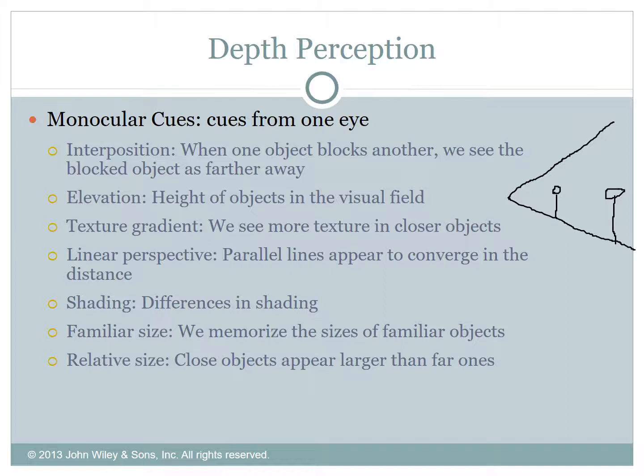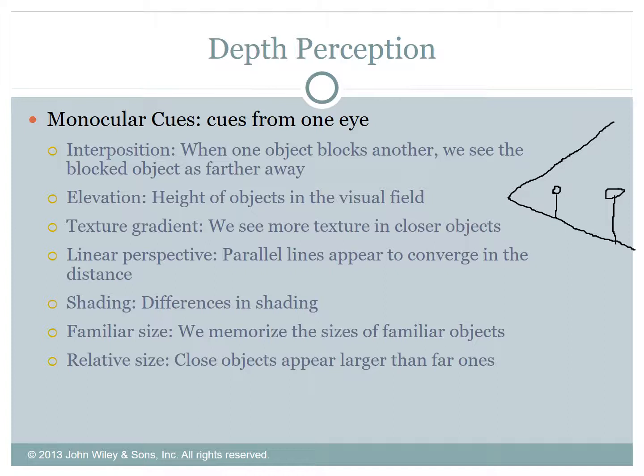We can also look at texture gradients. We see a lot more detail when objects are very close. So if it looks like, for instance, just a field of green, it must be further away than when you can see individual blades of grass. Linear perspective exists if you stand on train tracks, for instance, and look down the tracks, you can see that they appear to come together at what artists refer to as a vanishing point.